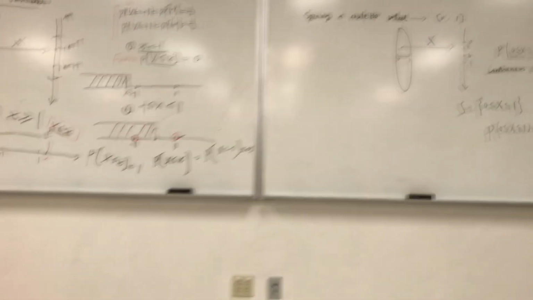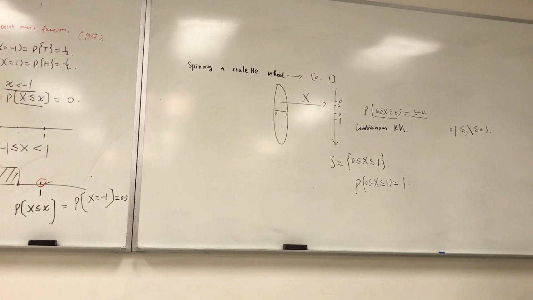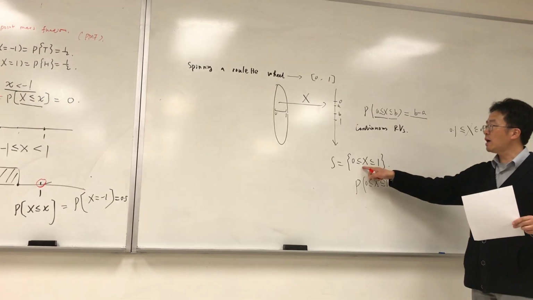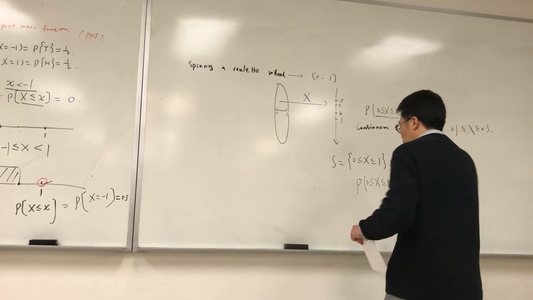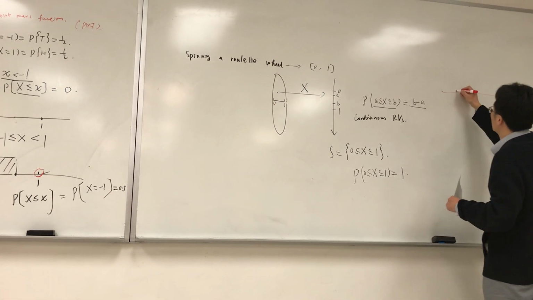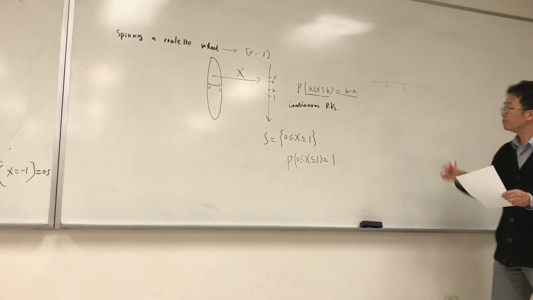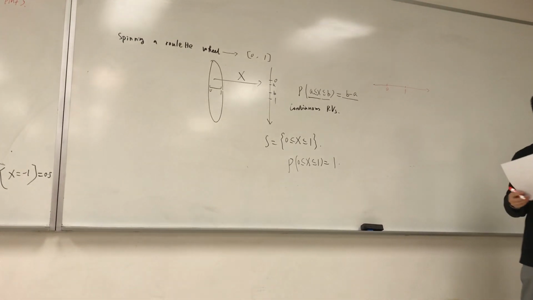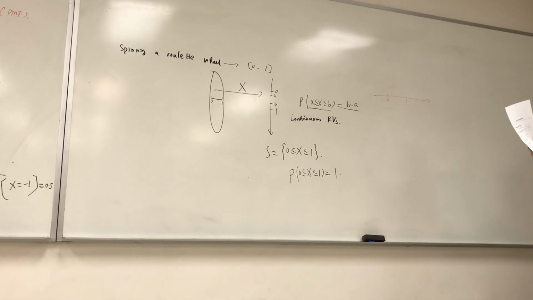For the second example, this is a continuous random variable, right? And here you can see the sample space is between 0 and 1. If we draw this here, 0 to 1, right? Now, just mimic what we did on the left side.